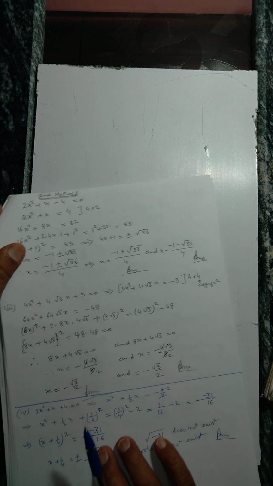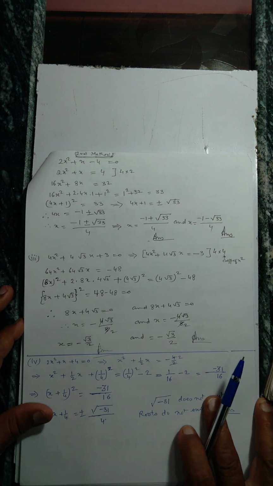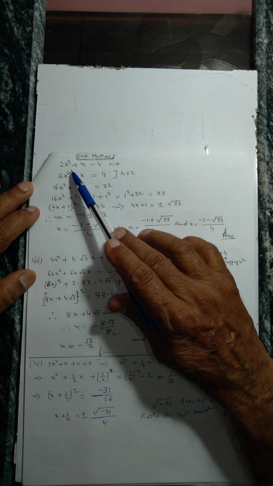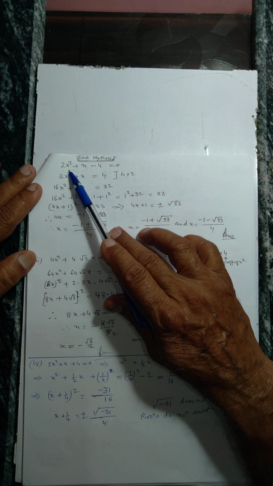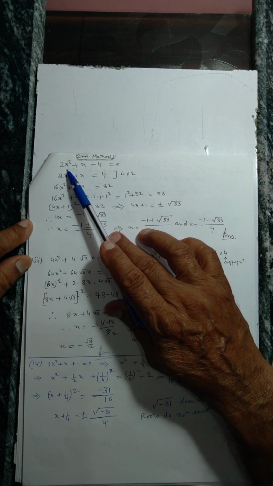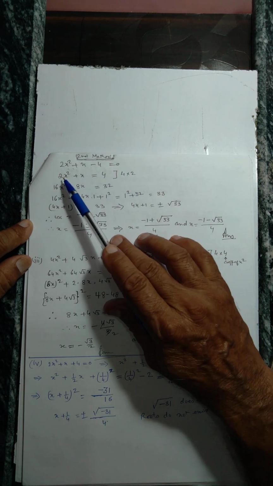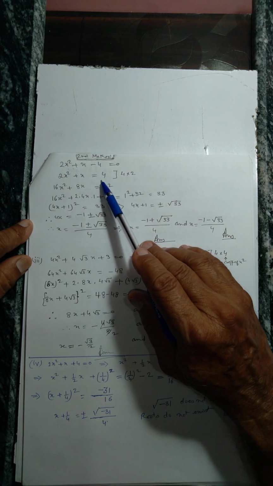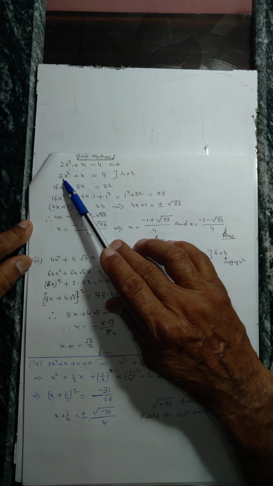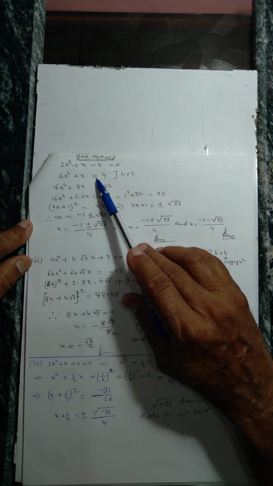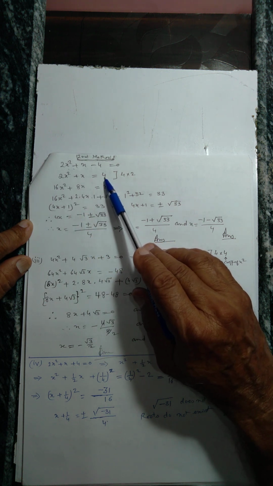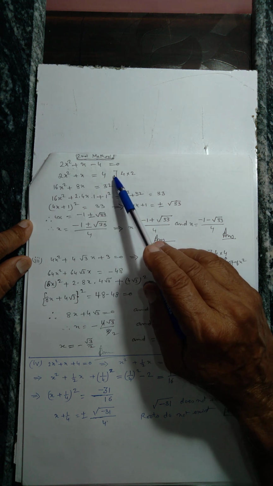Now the second method. The second method can be done like this. 2x square plus x minus 4 is equal to 0. Transpose this constant term to the right hand side. So 2x square plus x equal to 4.